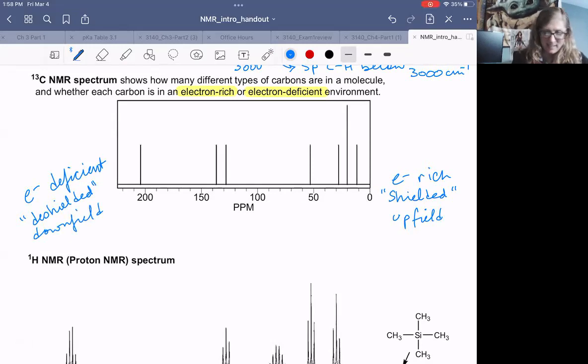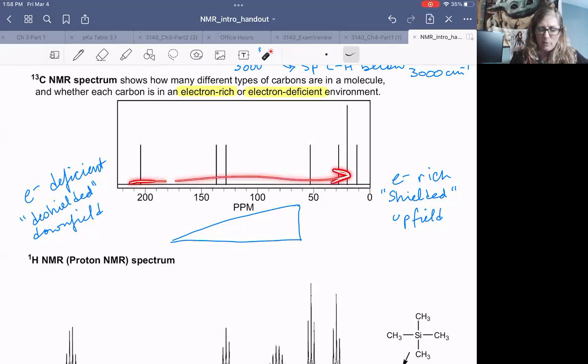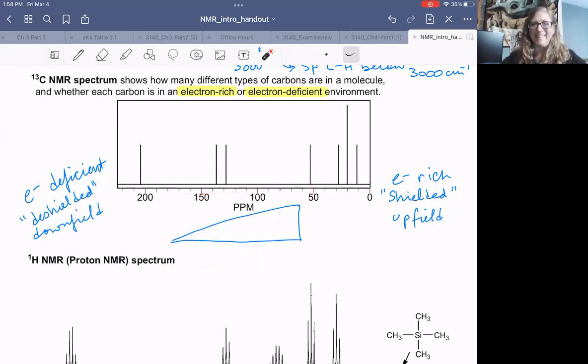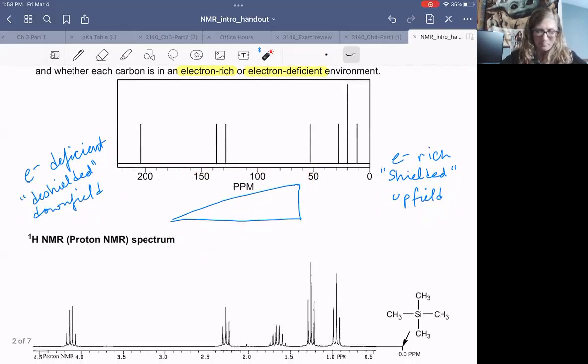So what I did to solve this problem is I pictured a little triangle, a little hill underneath the spectrum, so that I said, okay, as I move towards zero, I'm moving up this ramp, so that is the upfield region. So if a signal went from 50 to 100, we describe that as a downfield shift, because it's going to a higher number. So hopefully this little trick will help you make sense of it, like it did for me.